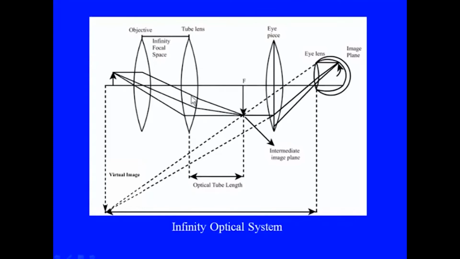So, infinity corrected, now here one has to understand, it is not like there is an infinity space or something, infinity corrected only means that rays are focused at infinity, and finally they are brought to the intermediate image plane by the tube lens. So, modern microscopes, most of them, contain infinity corrected optics as we say.